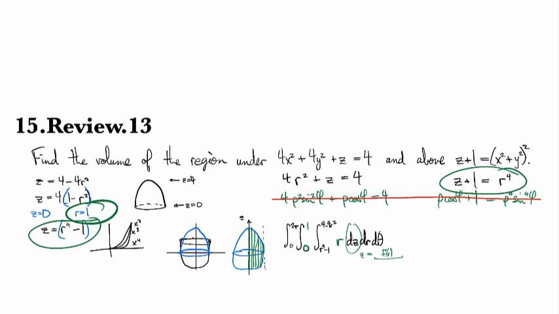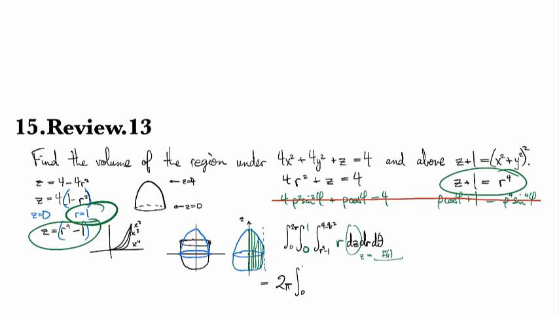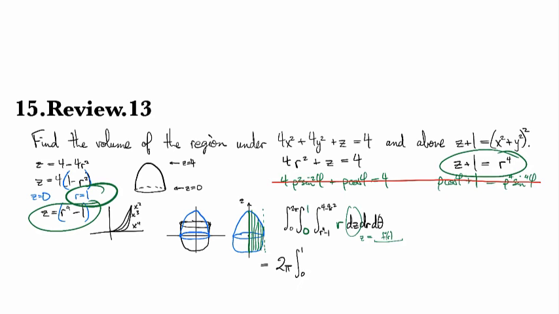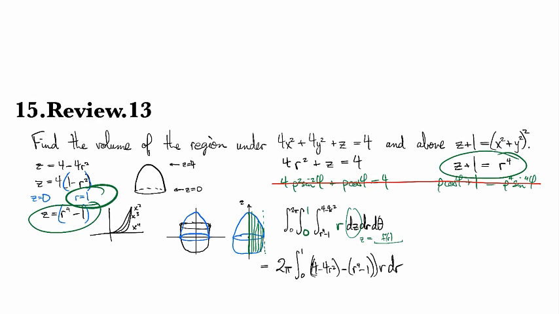Okay, so there's no thetas in there, so we can Fubinate the theta integral as 2 pi, and then we have the integral from 0 to 1, and we are integrating z from a to b, so it's just going to be the difference of those. So we have 4 minus 4r squared minus (r to the fourth minus 1), times r dr as our inner integral.